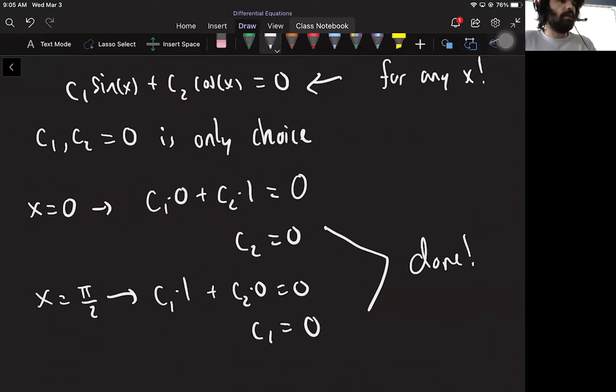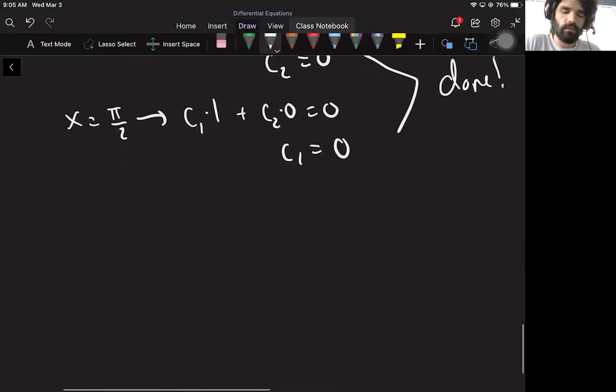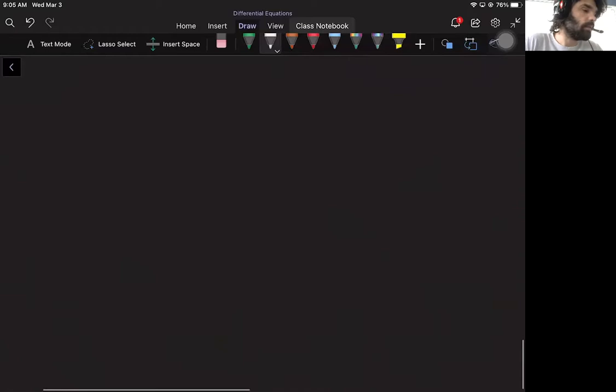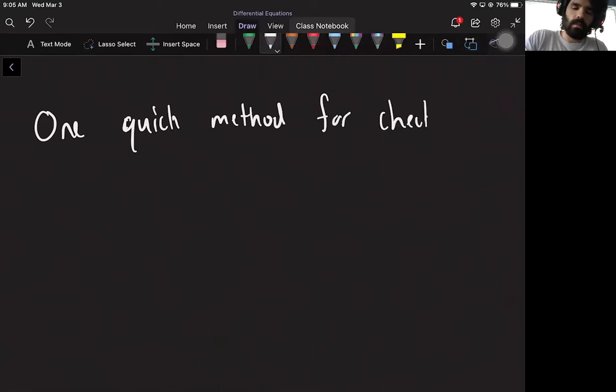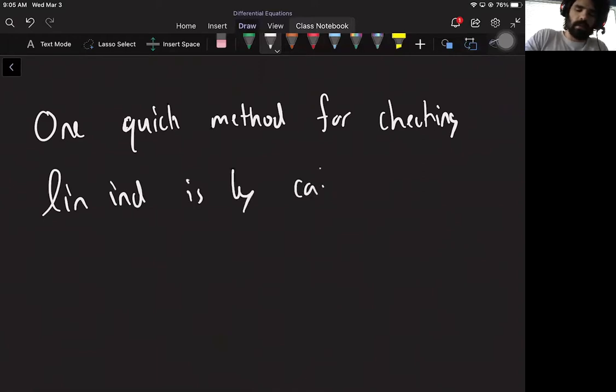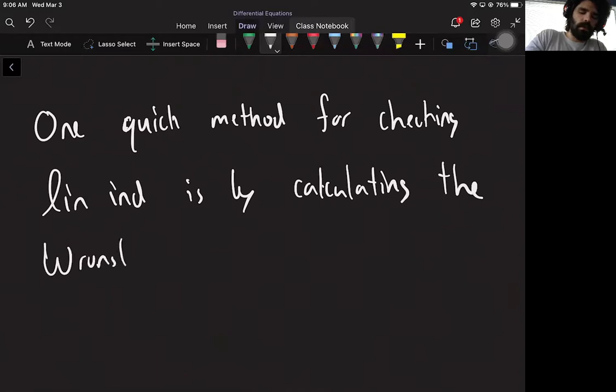Okay, so not so bad in terms of actually showing linear independence, but there is another method that's a bit more formulaic. So let's learn about that. So one quick method for checking linear independence is by calculating something called the Wronskian.